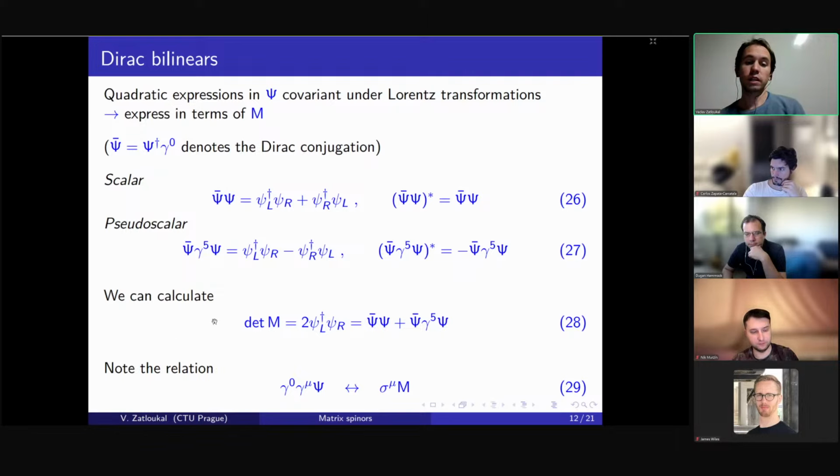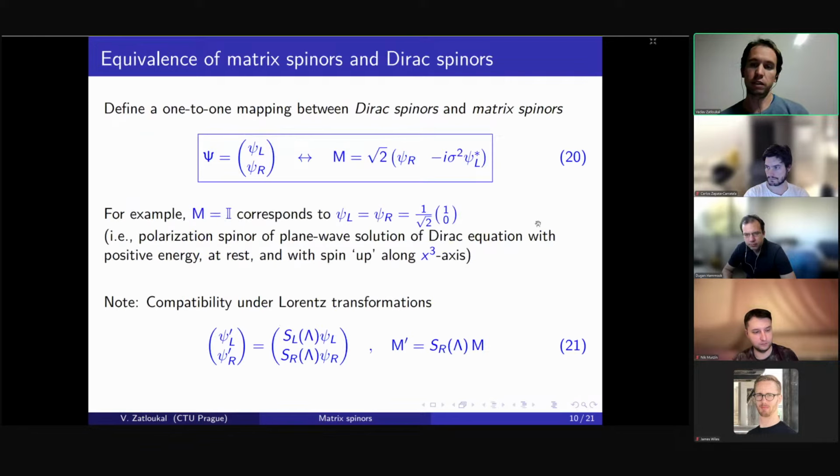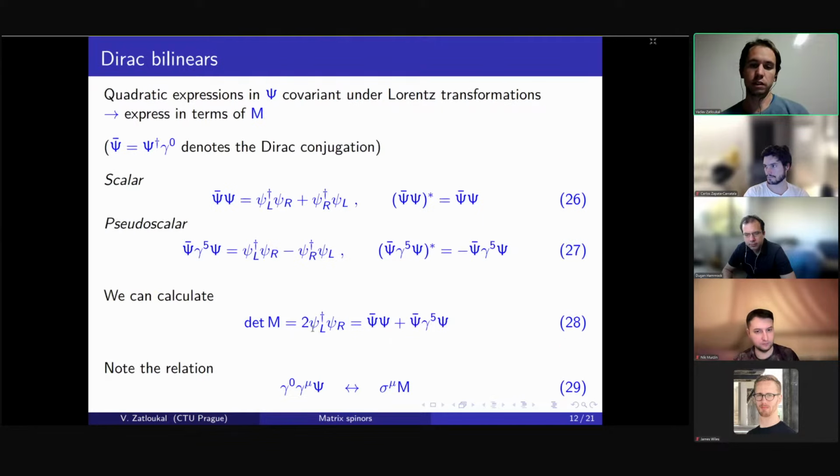And now, if we calculate the determinant of M, so the matrix M being defined here in equation 20, we in fact obtain a relatively simple expression in terms of psi L and psi R. And so this shows how the scalar and pseudoscalar, the Dirac bilinears, are related to M. Those are the real and imaginary part of the determinant of M. I mean, imaginary part times the i.